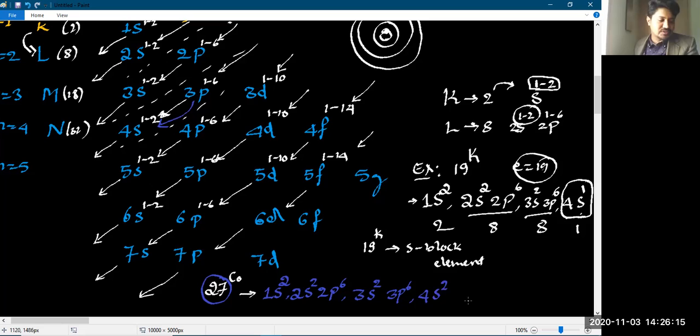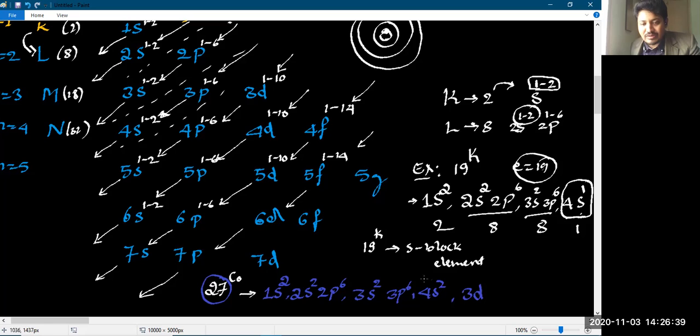What is the maximum filling capacity of s? 2. After filling 4s2, the remaining electrons go to the next, 3d.